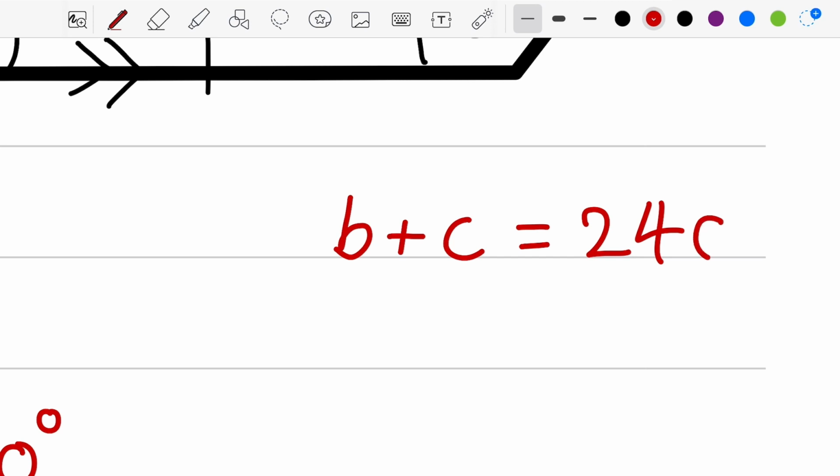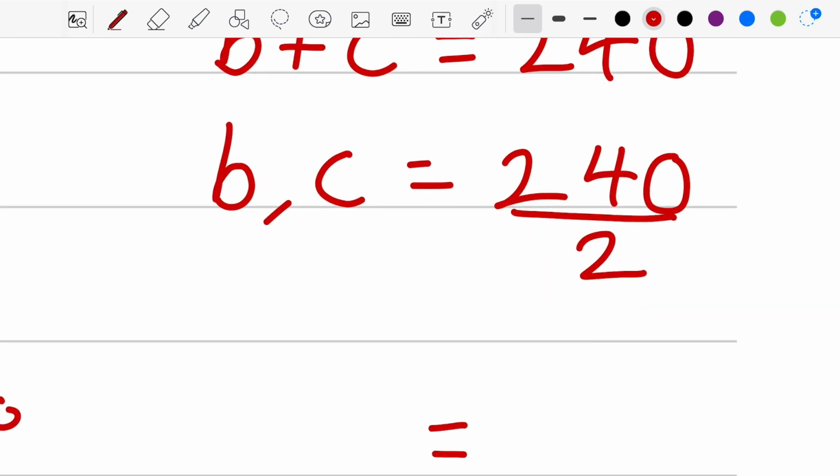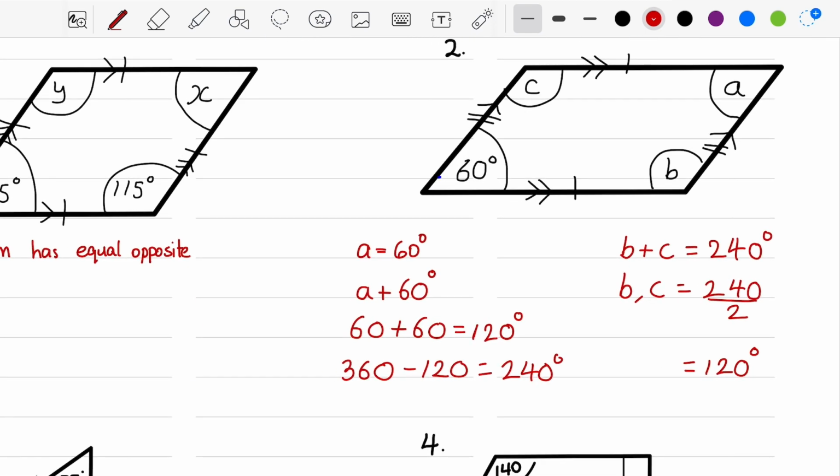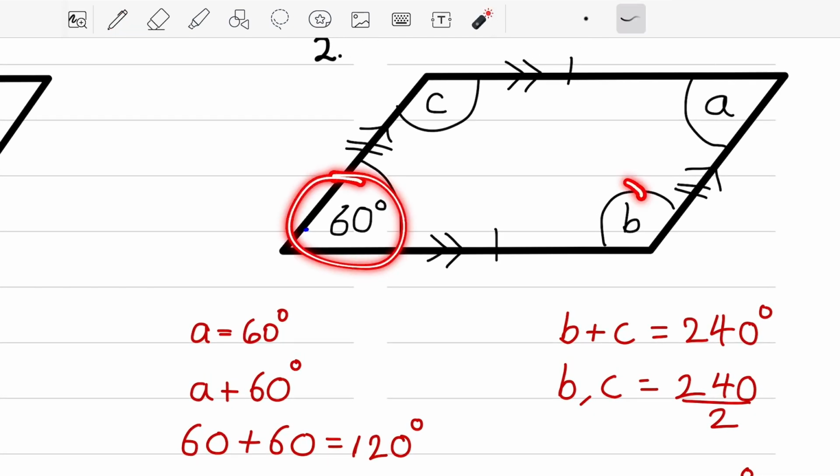We know that B and C are equal, so B or C is equal to 240 degrees divided by 2, which is equal to 120 degrees. So the worker before wasn't wrong. The person just used a different method, which is that these two angles will sum to 180 degrees. So 180 take away 60 is 120. We can use that method as well.